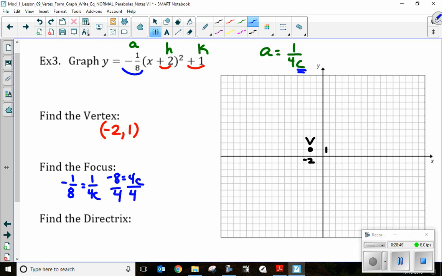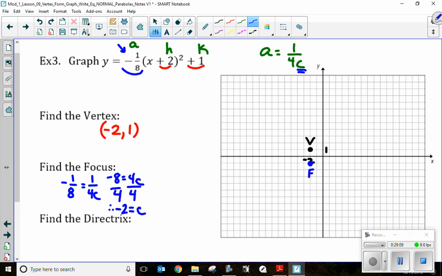And if I divide by 4, therefore, negative 2 equals C. So my focus should be 2 spots below my vertex. And that's fine because it should open downward. It's a negative value. So I move 2 spots down. 1, 2, right there.